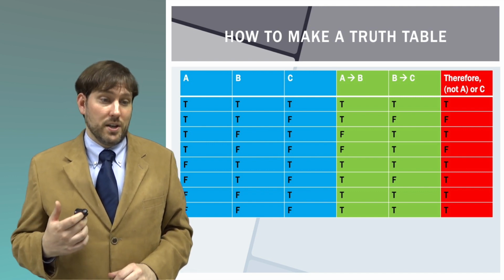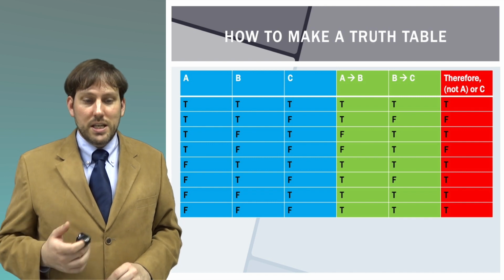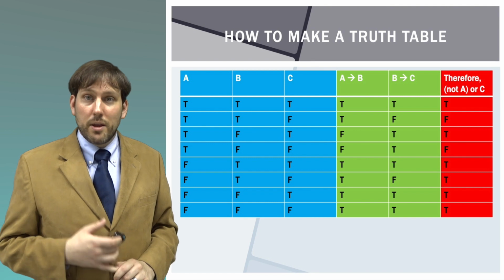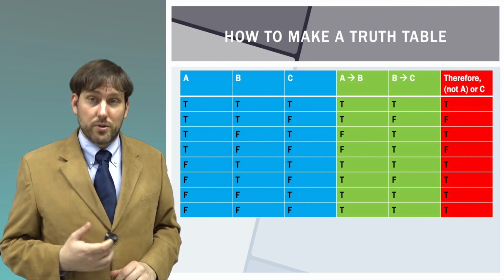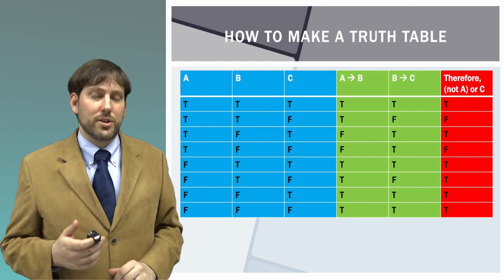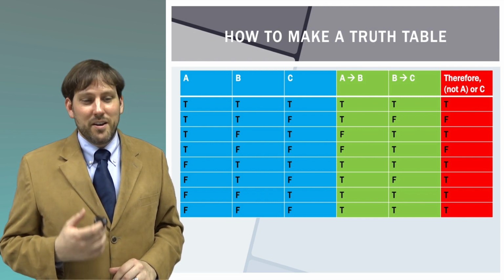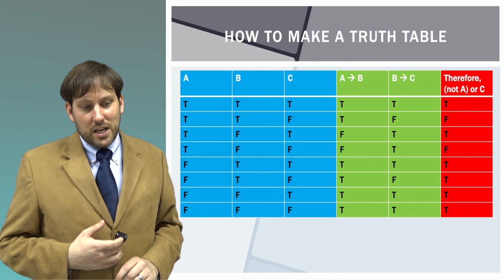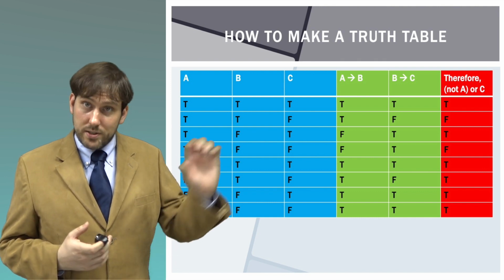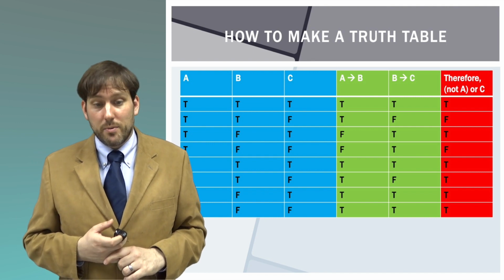So B implies C. Now we're going to get TF, TT, TF, TT. Again, anywhere that B is false, it's automatically true. So the 3rd, the 4th, the 7th, and the 8th rows all tell us that this premise is true. The 2nd and the 6th rows, however, have a true left-hand side and a false right-hand side. They're going to be false.